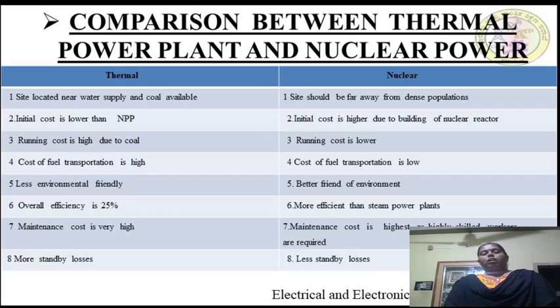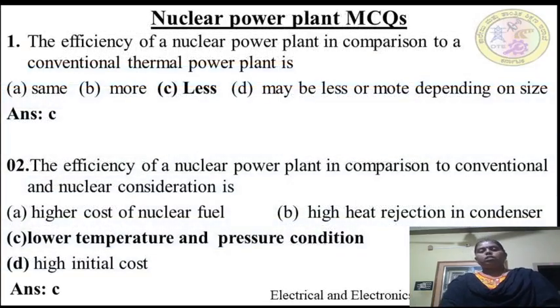So next we move on to the next topic, that is multiple choice questions on nuclear power plant. First one is, the efficiency of a nuclear power plant in comparison to a conventional thermal power plant is: A same, B more, C less, D may be less or more depending on size.